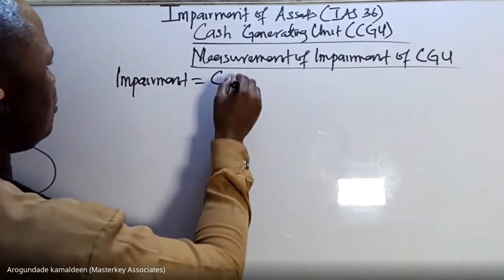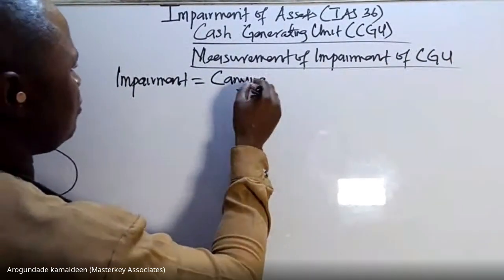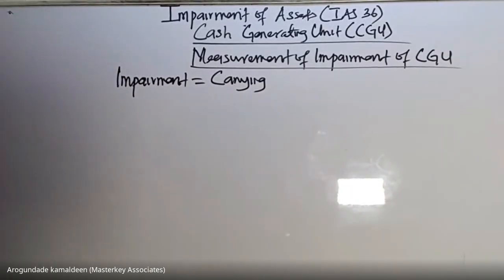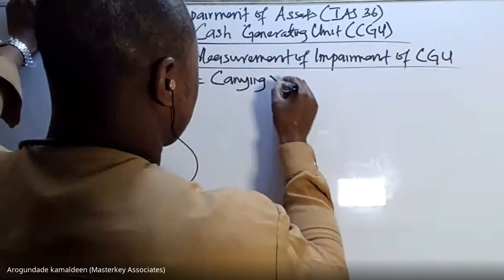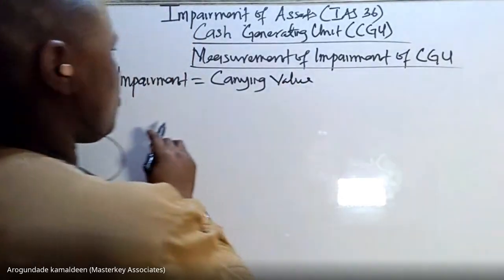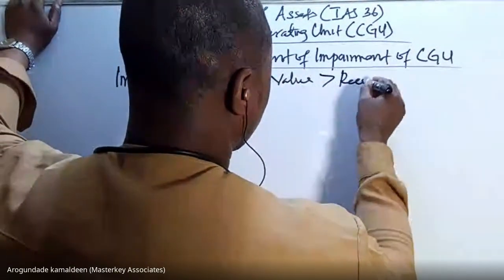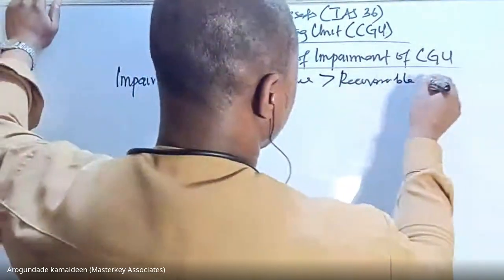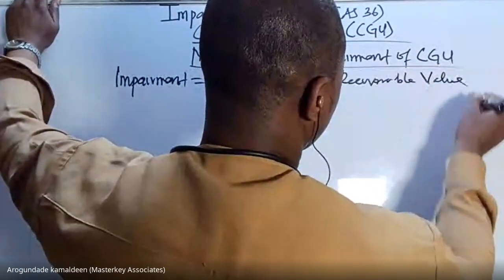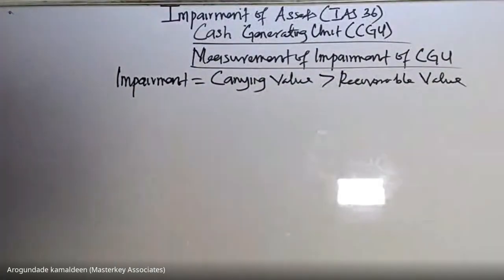When the carrying value of the CGU is greater than the what? Recoverable what? Value. Yes. So you measure the impairment of a CGU in the same way as that of a single asset.